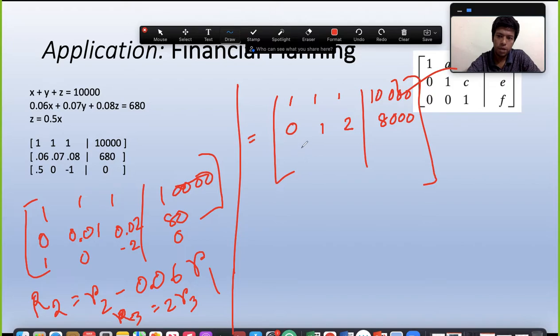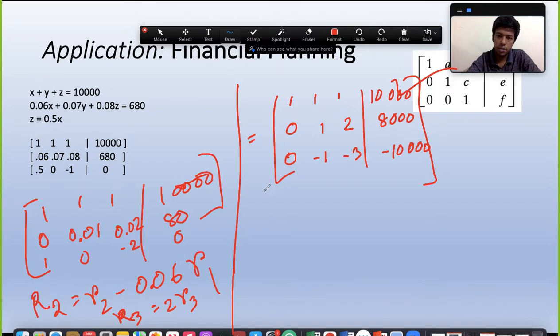Then we can subtract row 3 minus row 1. So it becomes 0, minus 1, minus 3, minus 10,000.